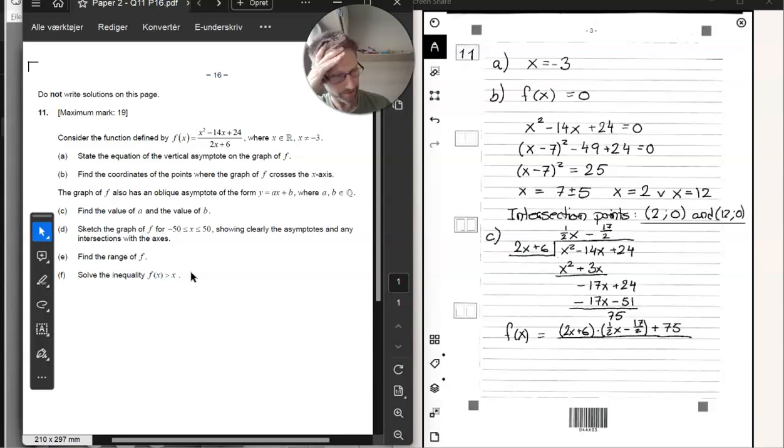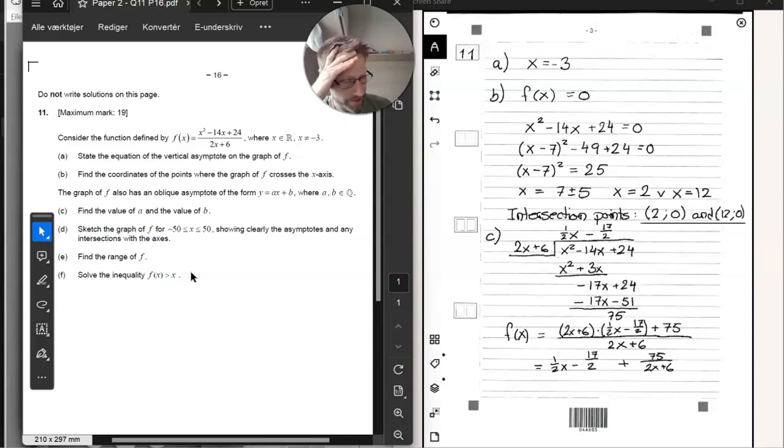And of course, this is still divided by 2x plus 6. And the nice thing here is that 2x plus 6 divides into both terms, and the first term, it just removes this. So we get 1/2 x minus 17 over 2, and then plus 75 over (2x + 6).